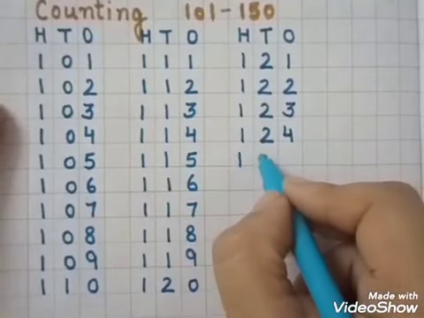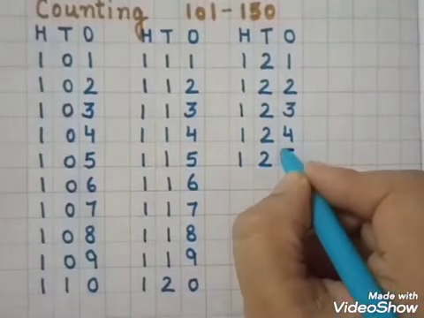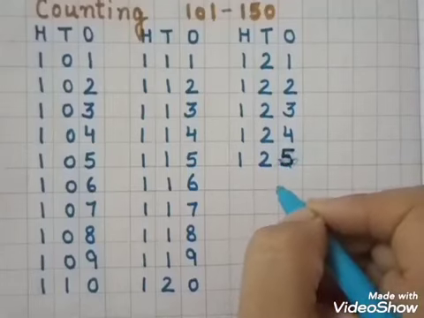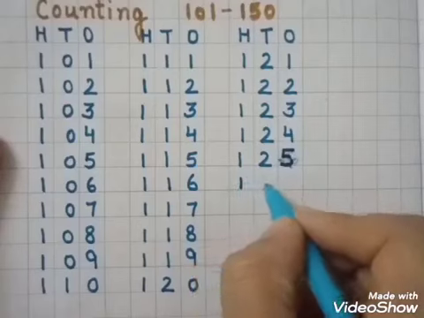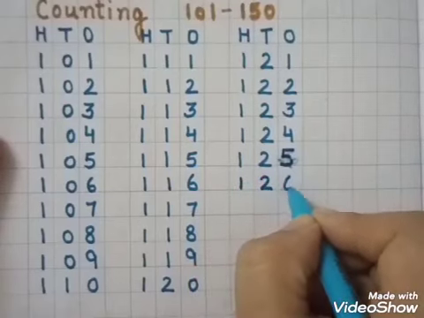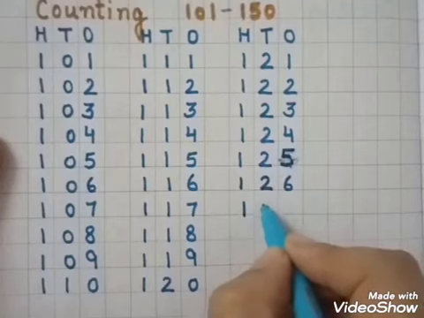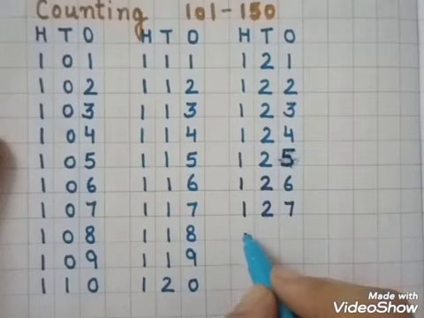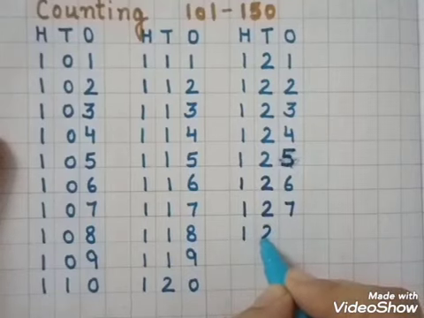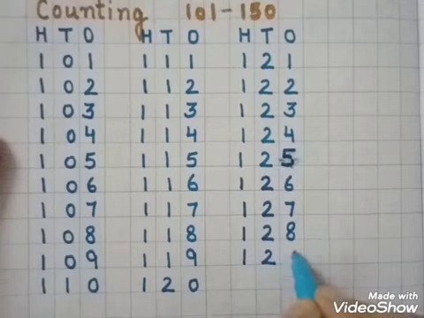Here 1, 2, write down 5. 125. Now here 1, 2, 6. 126. 1, 2, 7. 127. 1, 2, 8. 128.